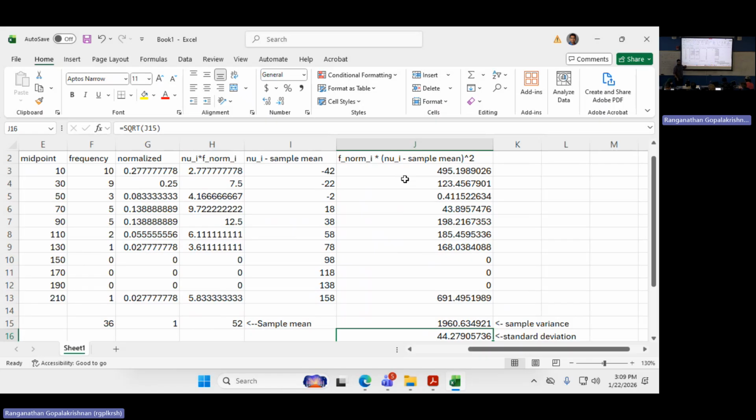It's so intuitive, it tells you information which you will not get by looking at the raw frequency. That is why it's always best to work with normalized. This is regular or unscaled, and this is normalized. This is just a matter of opinion. I like normalized, so I preach normalized.